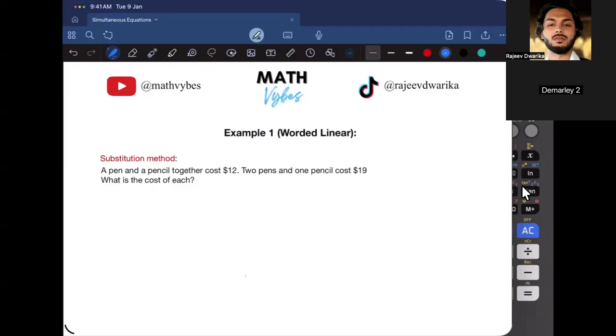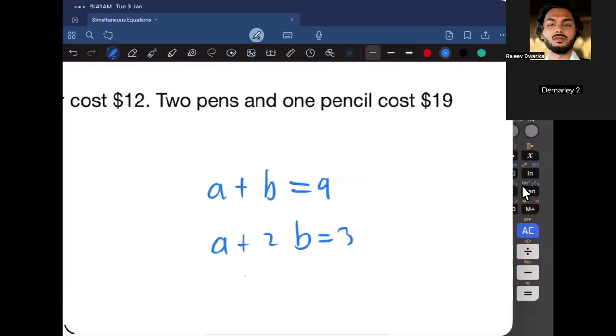Do you know what linear equations are? Could you give me a quick definition? Okay. Let me just say I have these two equations: A plus B is equal to 9 and A plus 2B is equal to 3. Are you seeing any powers?